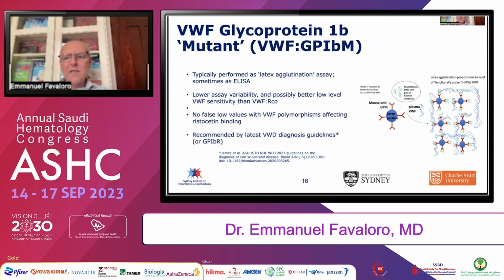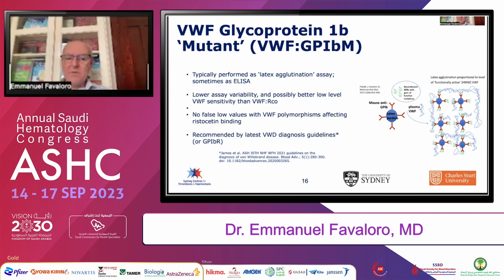The other, more modern alternative is the glycoprotein 1bM, which stands for mutant. This is a gain-of-function glycoprotein 1b that's used in this assay. It's typically performed by latex agglutination assay, particularly the commercial automated assay, but sometimes can be performed as an ELISA.